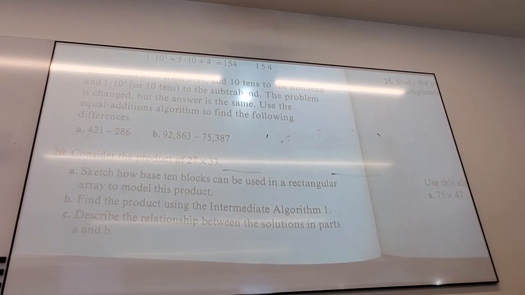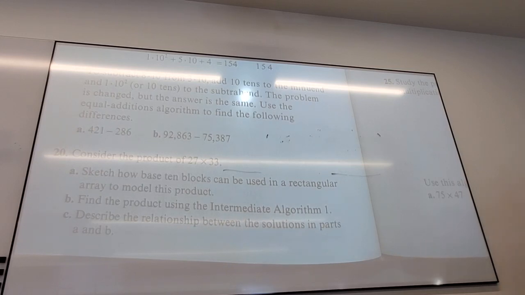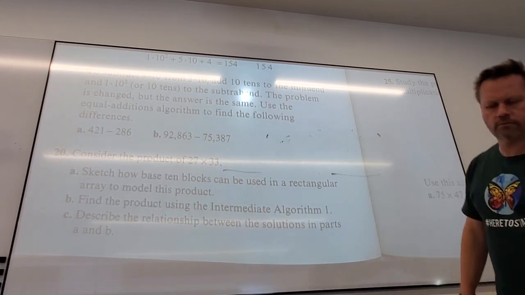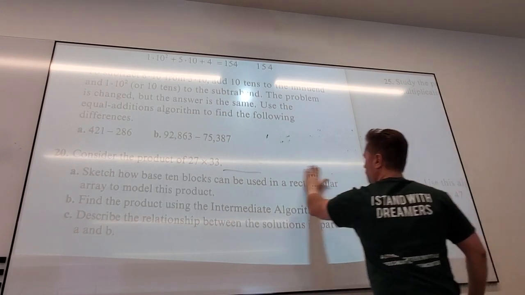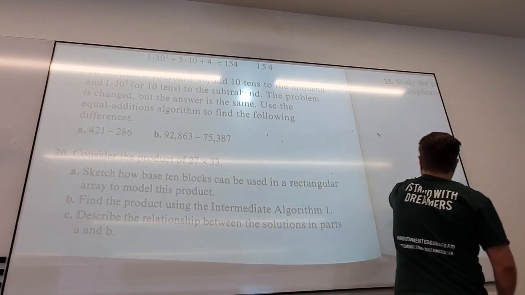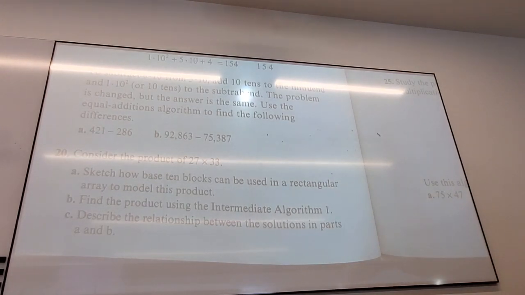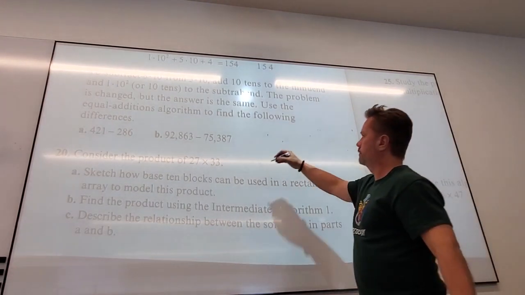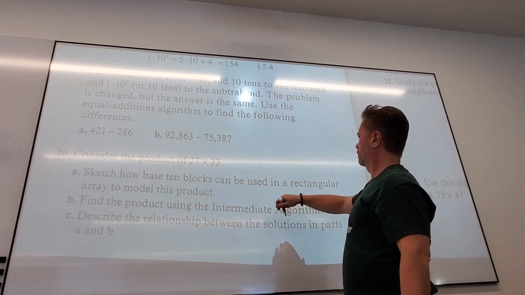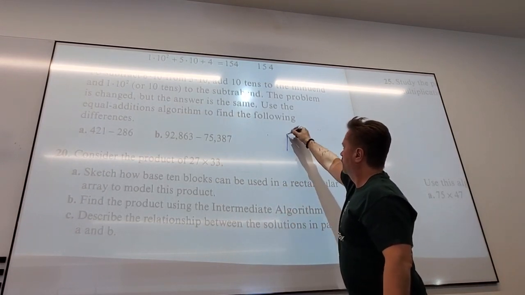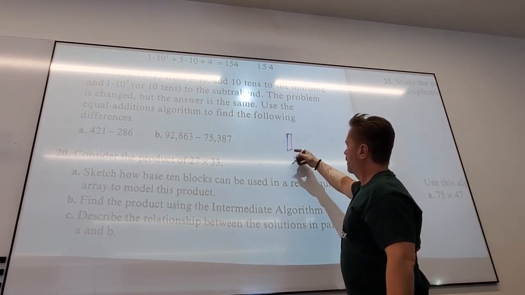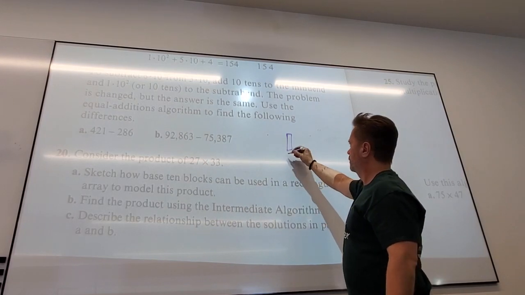So 27 times 33. I showed you how to line them up next to each other. So how would you represent 27? I would represent 27 in base 10 blocks. How many of these? 2.